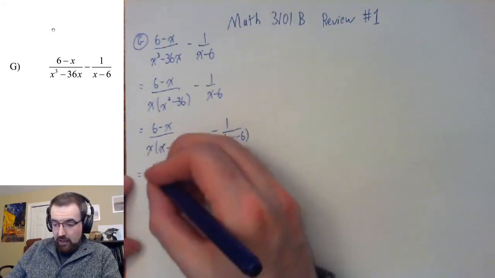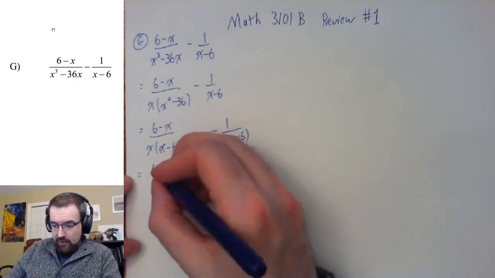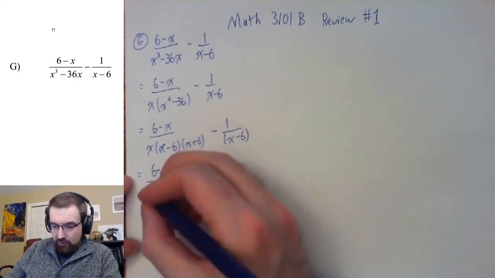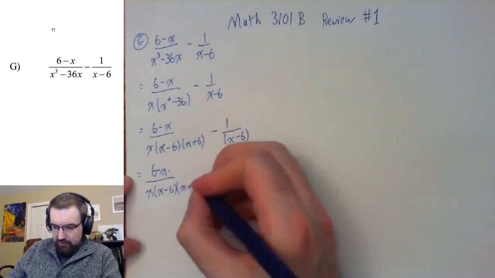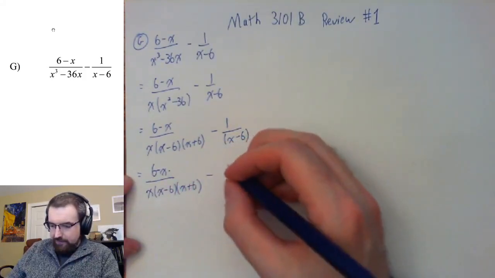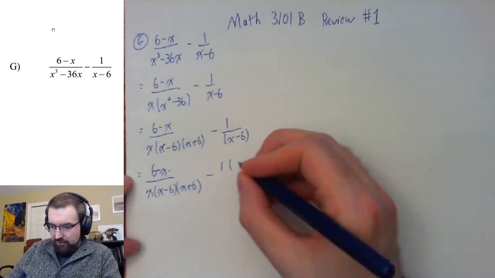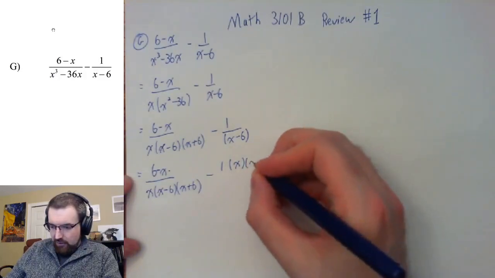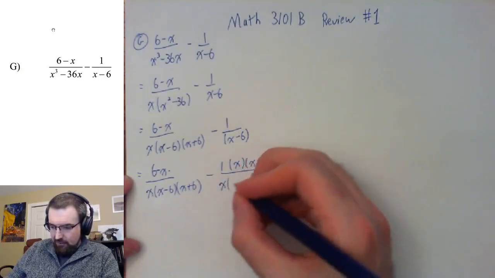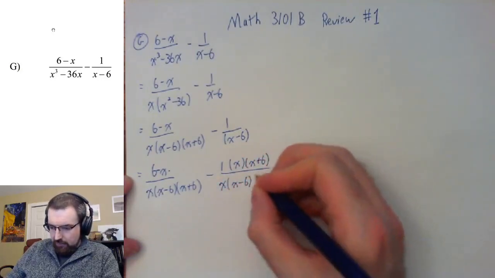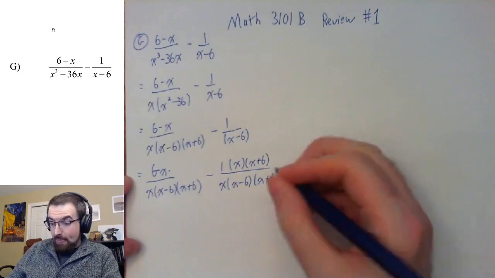So I'm going to show you what I mean. (6 - x) over x(x - 6)(x + 6), minus 1 times x(x + 6) over x(x - 6)(x + 6).